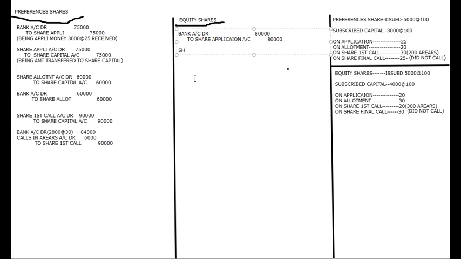Then I will write the due entry, that is share application account debit 80,000. I have received it as it is. So that's why here I am going to write 80,000 as it is.